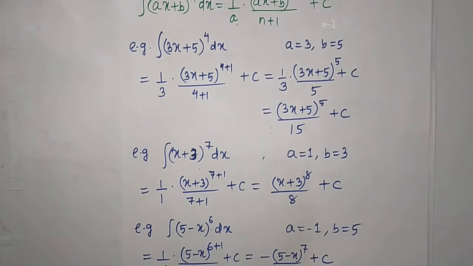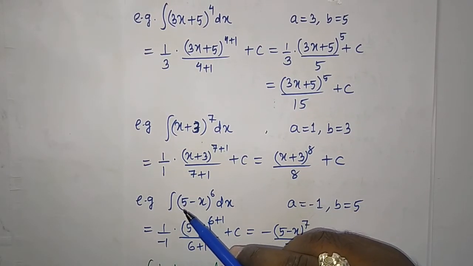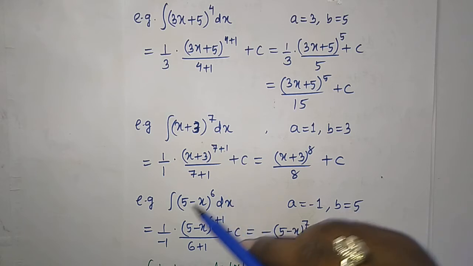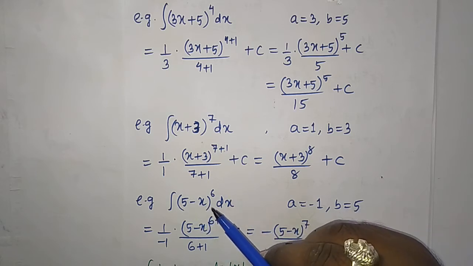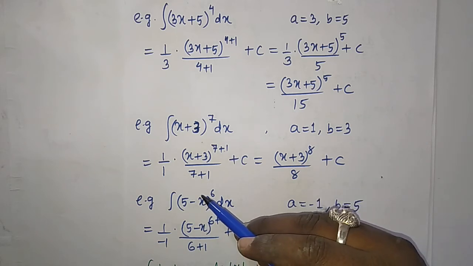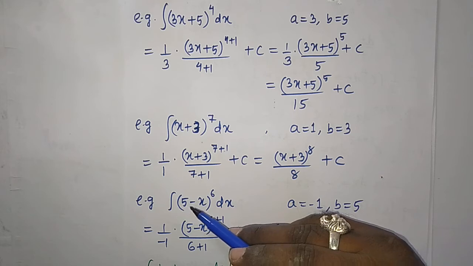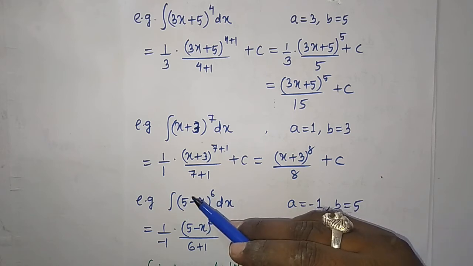And one more example: integration of 5 minus x to the power 6. Here you can see the coefficient of x is minus 1. It is written in reversed order.